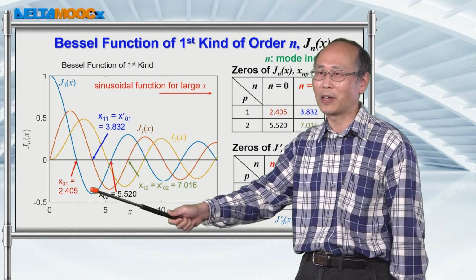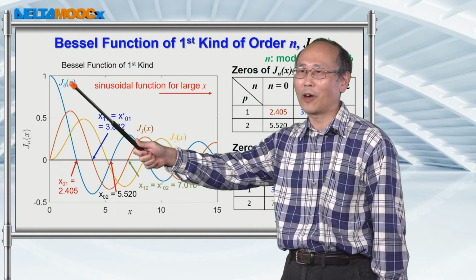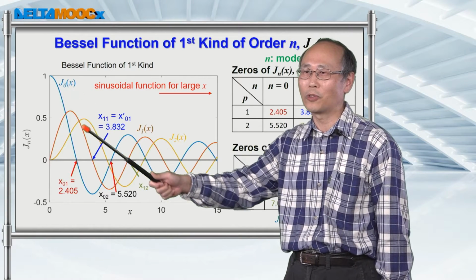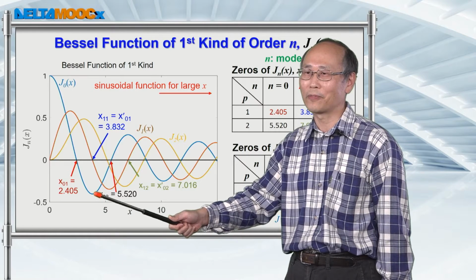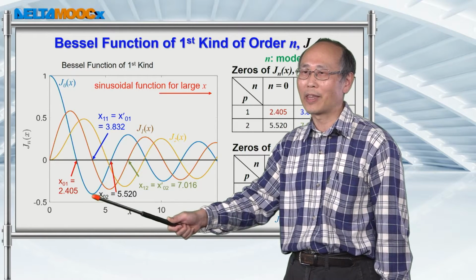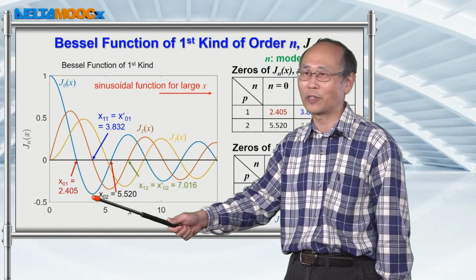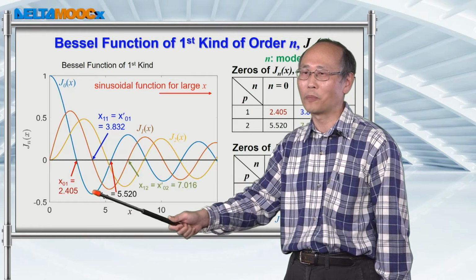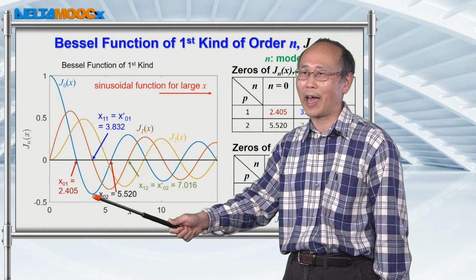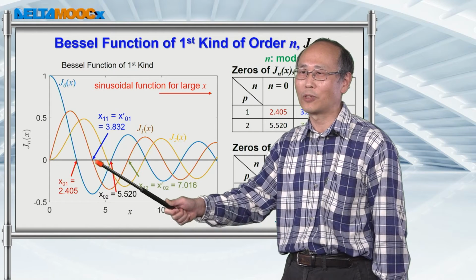Just follow me with this blue curve: if the derivative of this function goes to 0, this means that the slope of this curve goes to 0. You can identify that this point is the first zero crossing point for the derivative of J0 of x, because the slope of this curve at this point is equal to 0. And this matches this point.